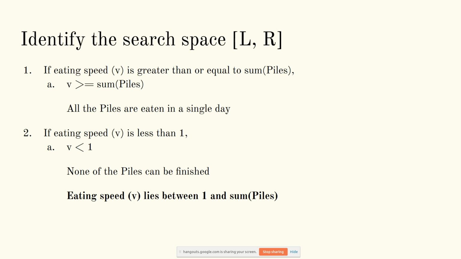The reason we look at the search space is that any point outside of the search space is infeasible. By infeasible, I mean that our objective to eat and finish all the piles is not achieved. So our search space is that the eating speed should be between 1 and the sum of piles per hour.